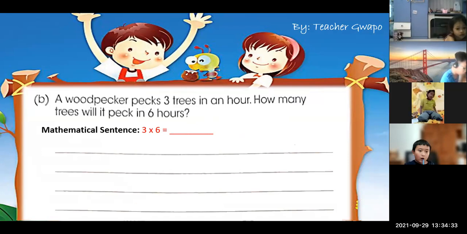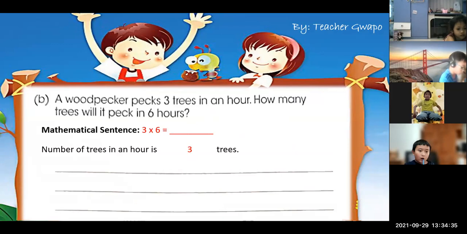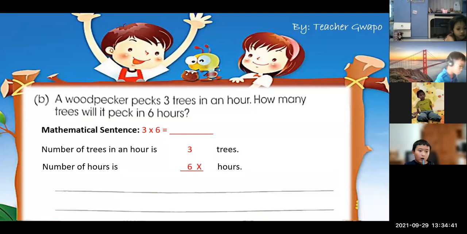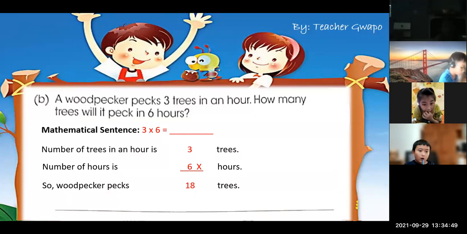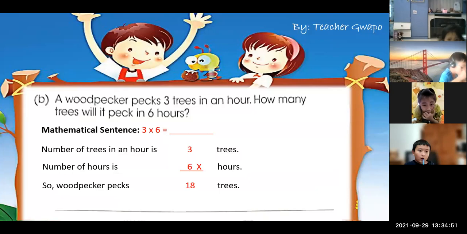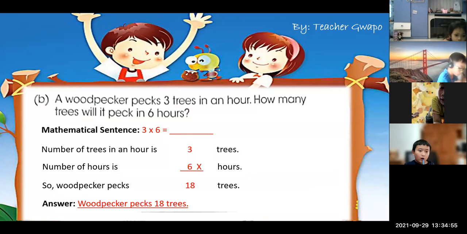And then we write here, number of trees in an hour, 3 trees. And number of hours, 6 hours. So we will multiply the same, 18. So woodpecker picks 18 trees in 6 hours.